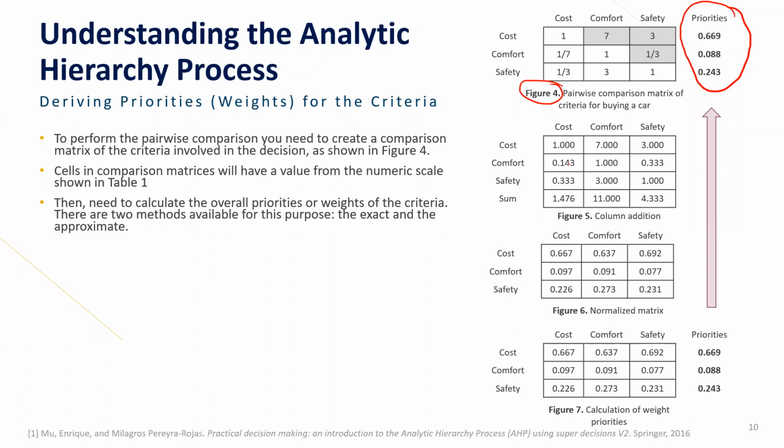Then I sum up all these columns, and I got this. So 1 plus 0.143 plus 0.333 is equal to 1.476, and do the same way with all the columns. You got all these column totals.